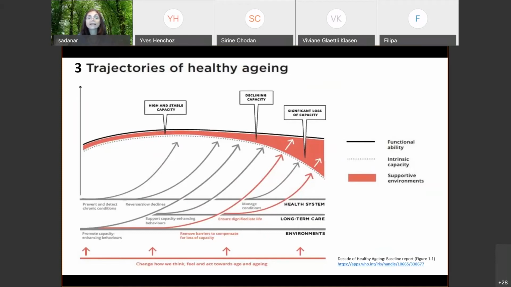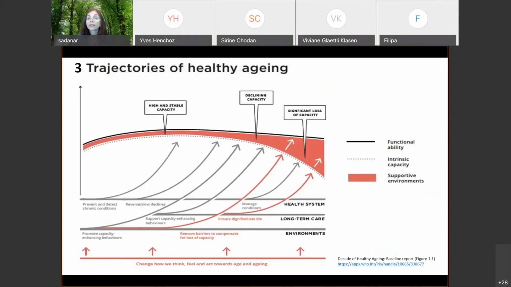In this particular figure, where we look more at the second half of life, we want to see how those 4 key action areas I mentioned for the decade are doing. How are we improving approaches to combat ageism?